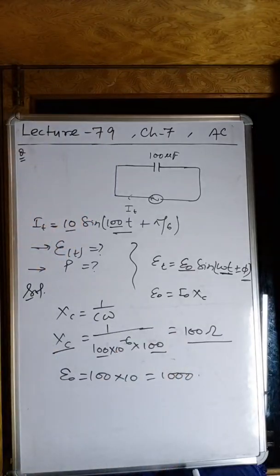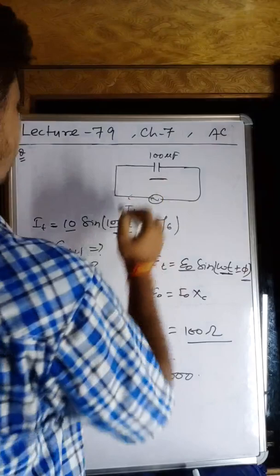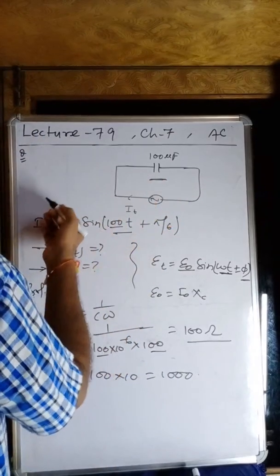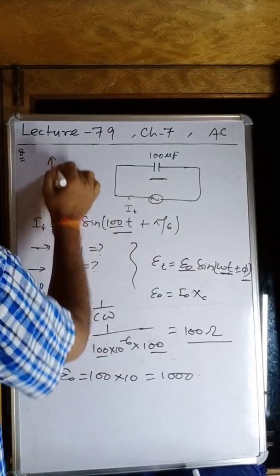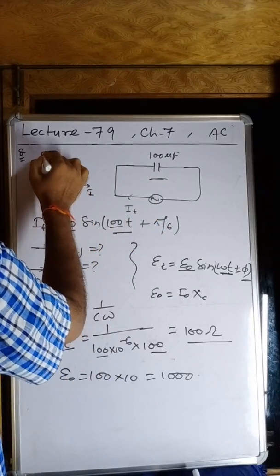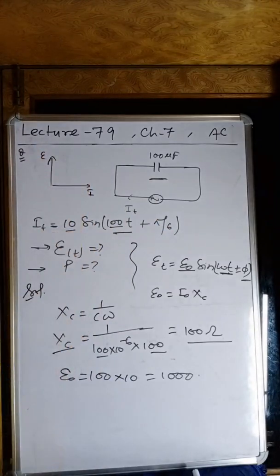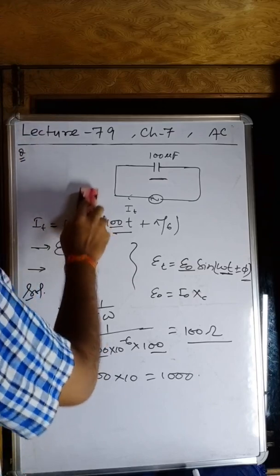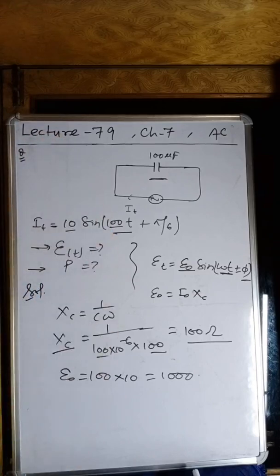Now my dear students, we know that in a capacitive circuit, or the capacitor, from voltage and current, the current leads and the voltage lags.